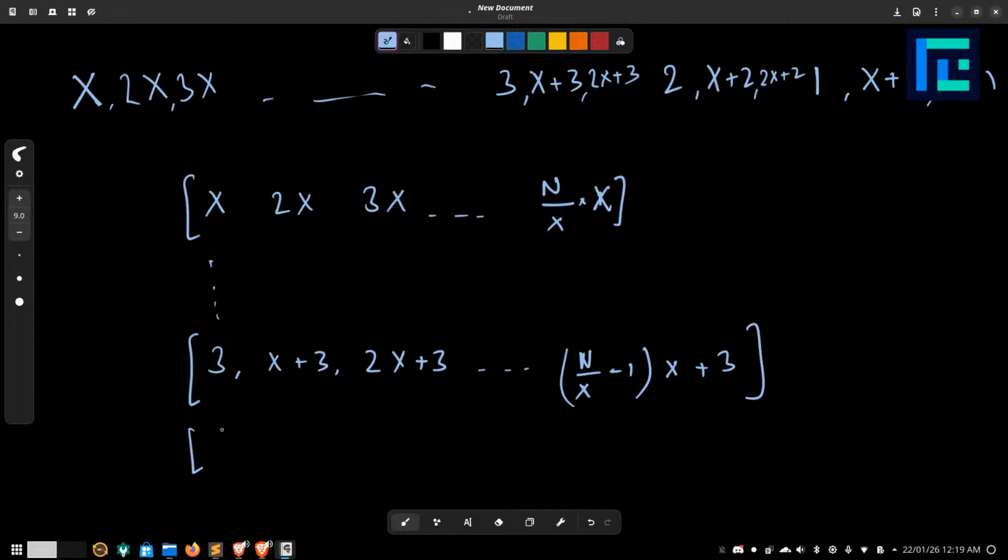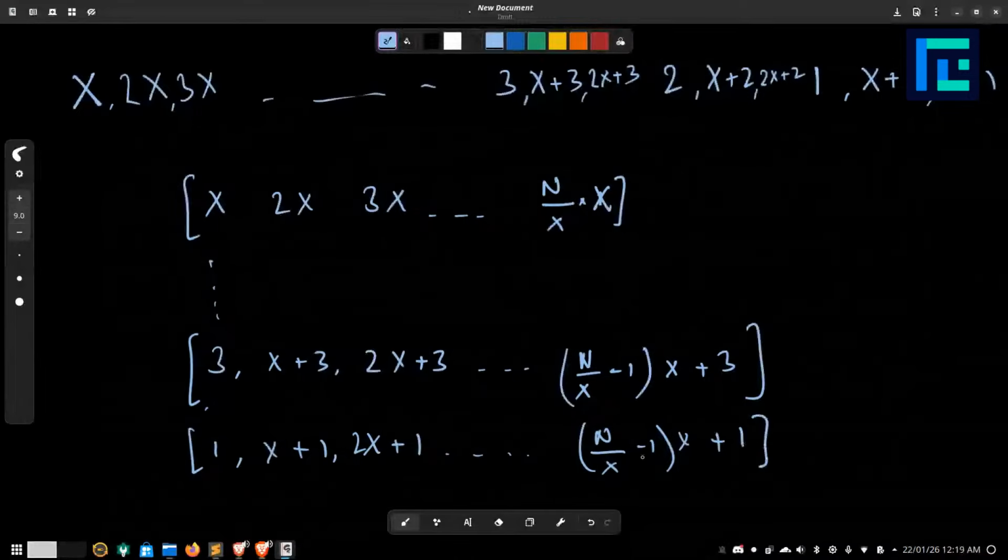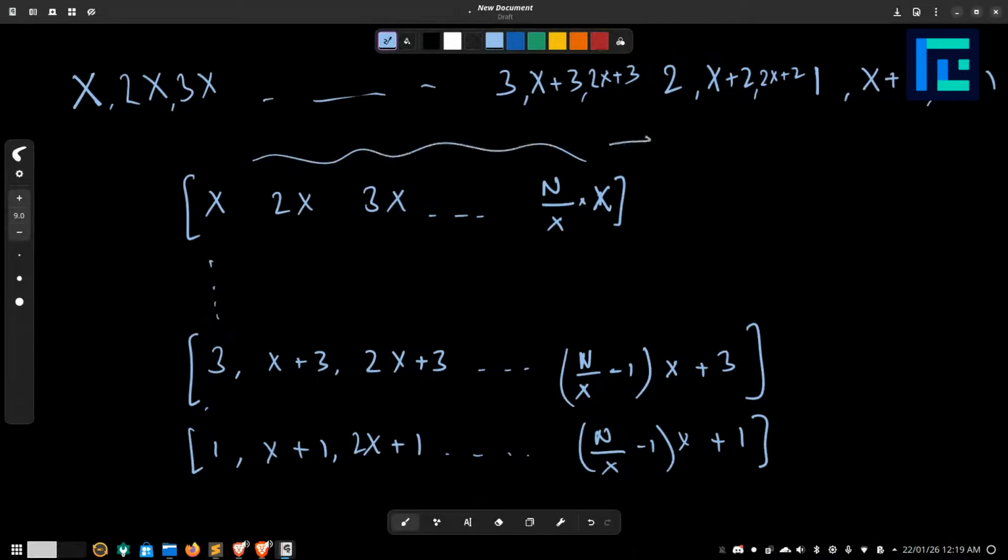And similarly for 2, and in the end 1x plus 1, 2x plus 1, until n by x minus 1 into x plus 1. So all of these have n by x terms, and there are x segments like these.